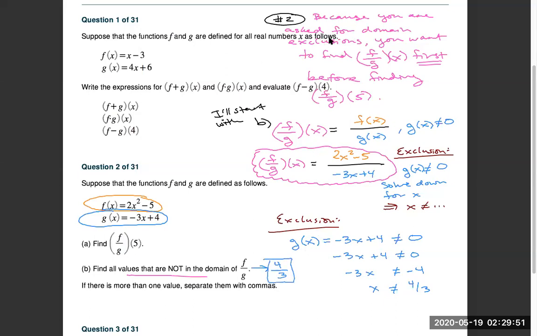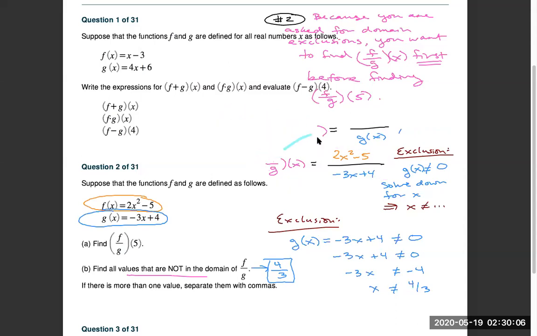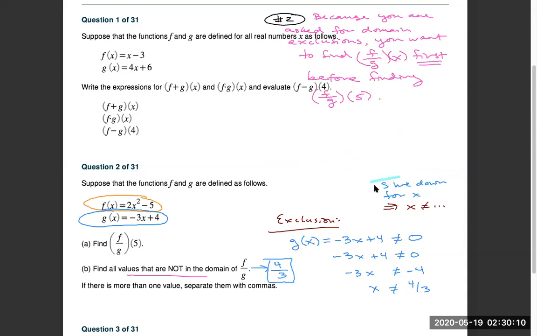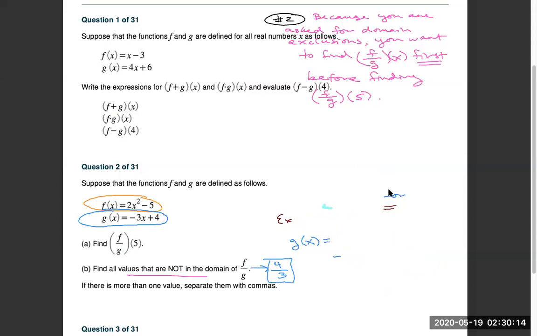Let me save a picture of this. Okay, I'm gonna erase this stuff. And just one more thing about the exclusion.